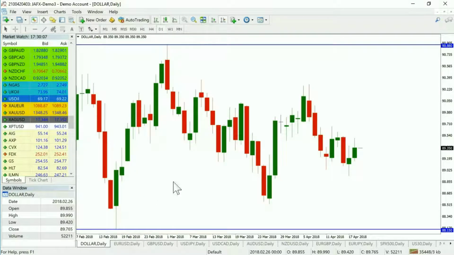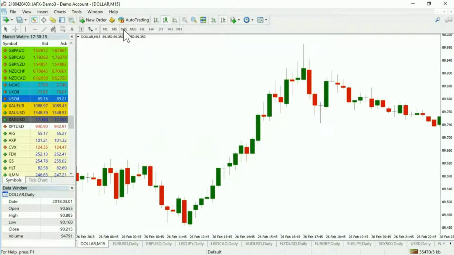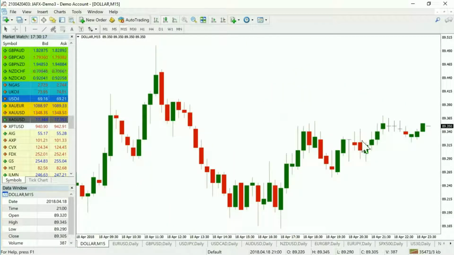We'll start with the dollar index, and there seems to be a little bit of a glitch with today's price action on the daily time frame. So if we look at the 15-minute chart, we are literally just having an issue there with the price feed.